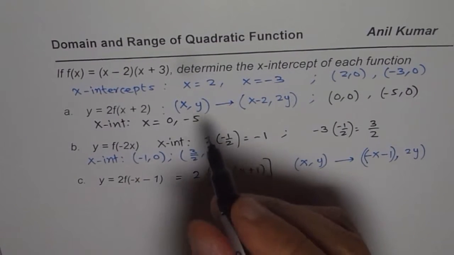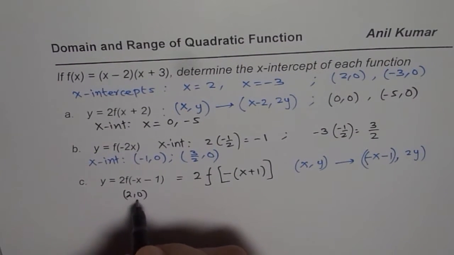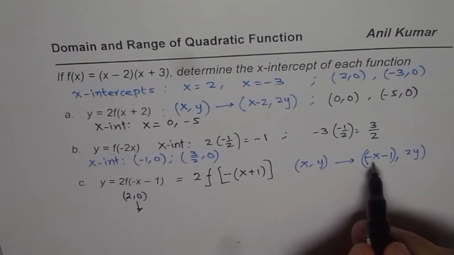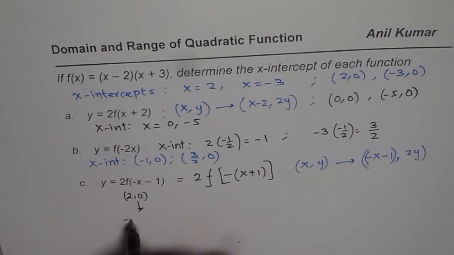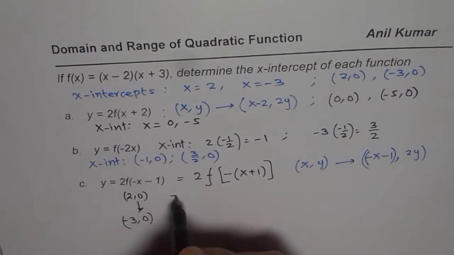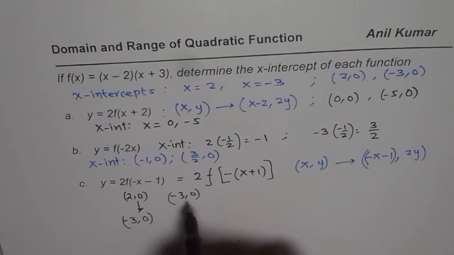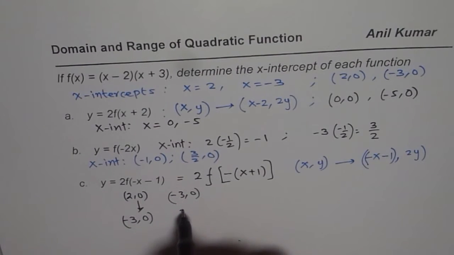So the original x-intercept was (2, 0). That gets transformed to minus 2 and then minus 1, so it becomes (minus 3, 0). The other one, which was at (minus 3, 0), the negative of minus 3 is 3, and taking away 1 will give us 2, right?